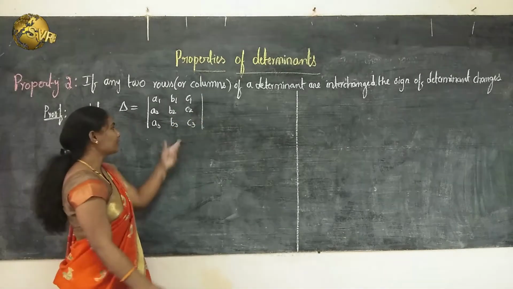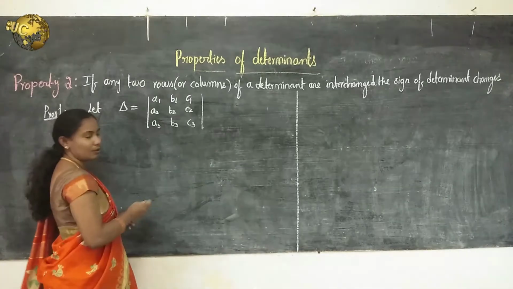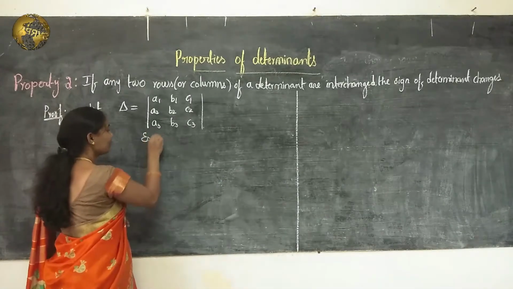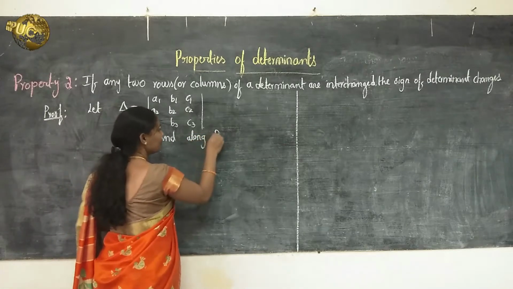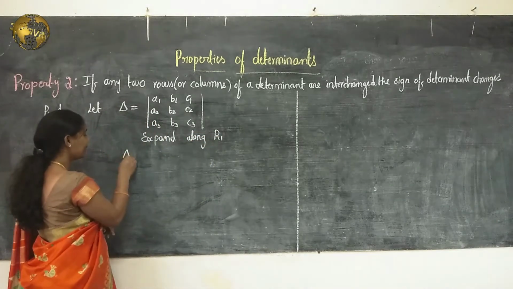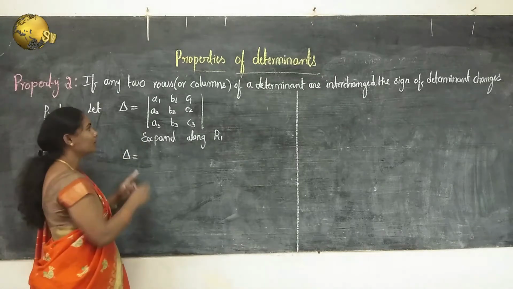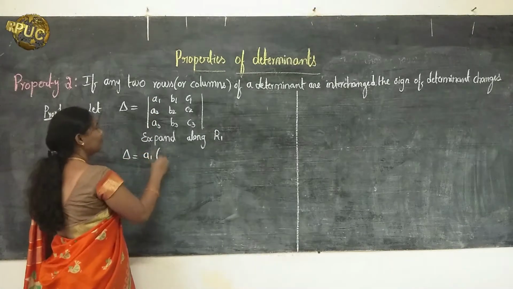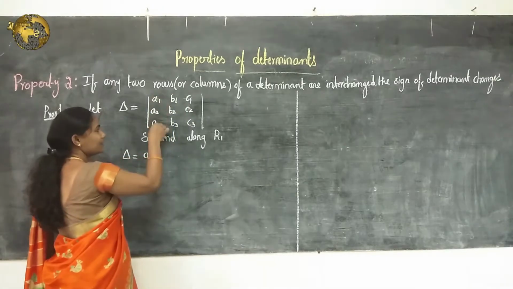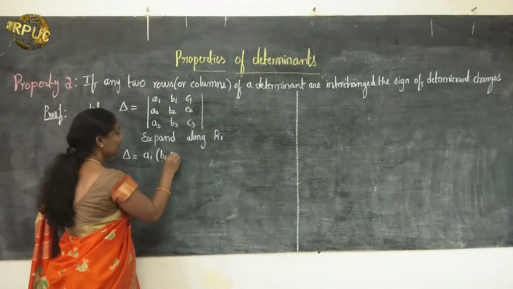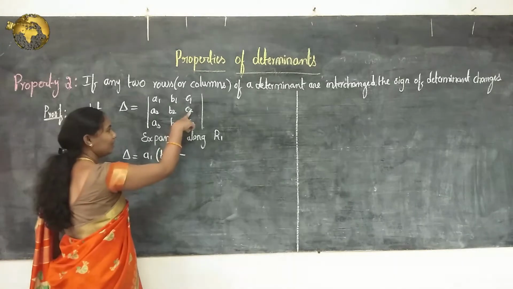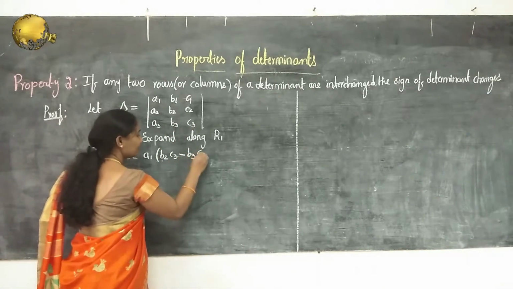We will expand this along row 1, R1. So delta is equal to A1 into, see, the first row and first column elements are neglected, it is B2 C3 minus B3 C2.